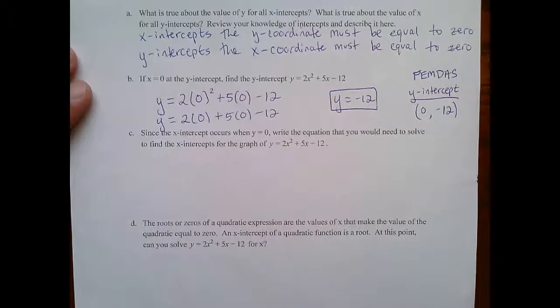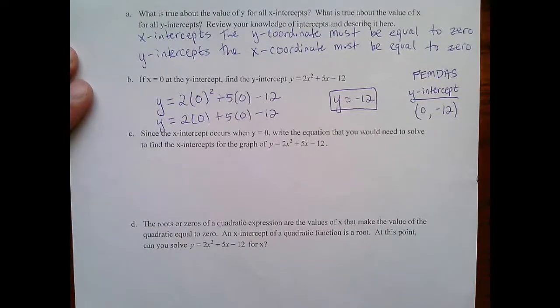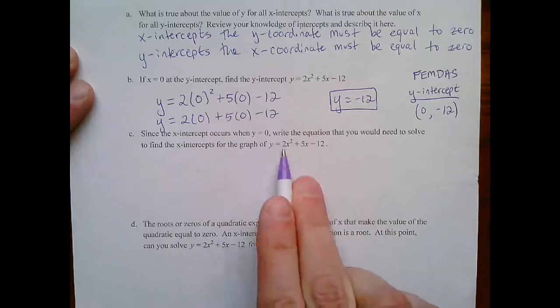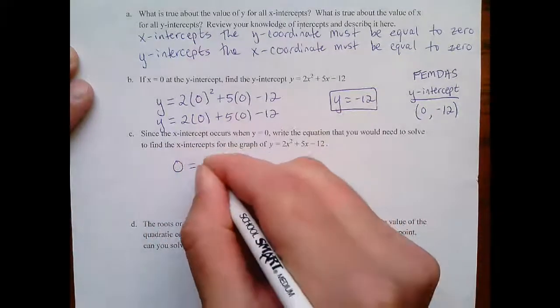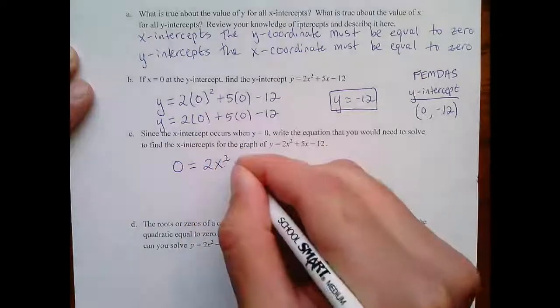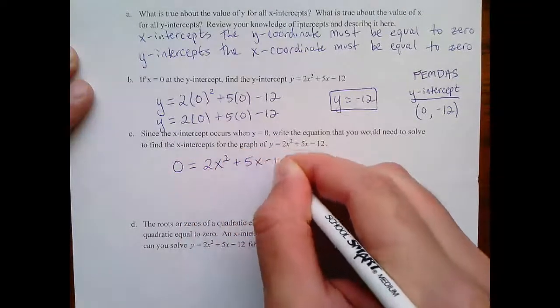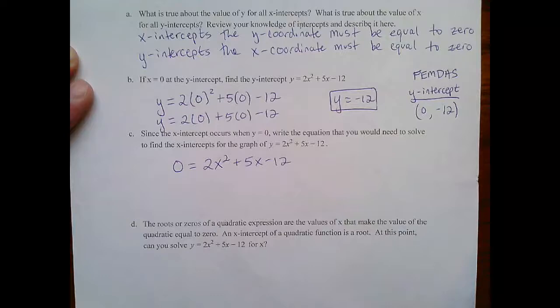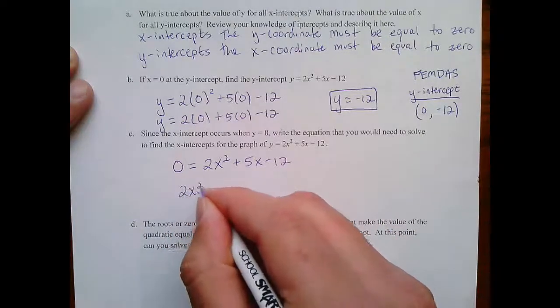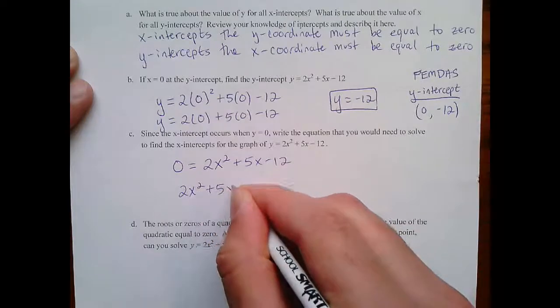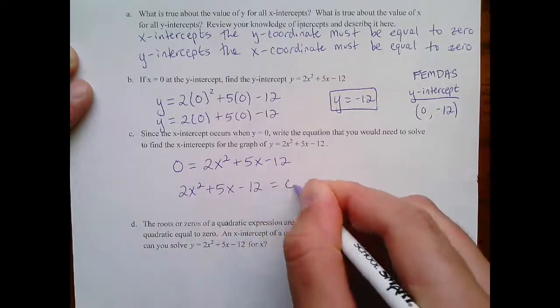So in a very similar fashion, just plug in 0 for all the y's that you can see. So instead of saying y equals this equation, I can say 0 = 2x² + 5x - 12. And again, 0 = 2x² + 5x - 12 is the same thing as 2x² + 5x - 12 = 0.